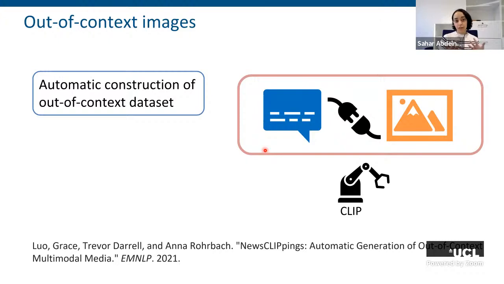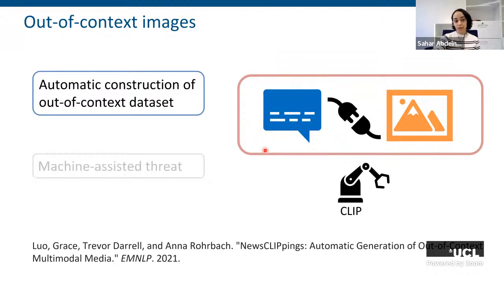So now, starting from a naturally occurring real dataset, we can automatically have an out-of-context dataset. This would enable the detection research of this type of threat. It also doesn't require expensive human labeling, and it can give us very large-scale datasets that are hard to obtain due to the scarcity of actual out-of-context images.